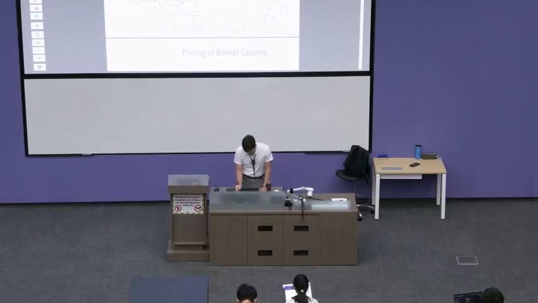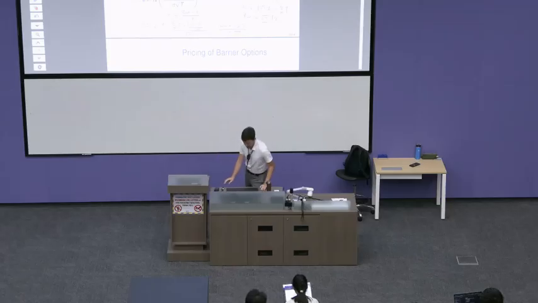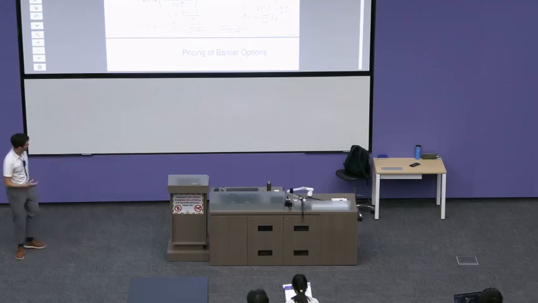I'm switching to z, and now I have an integral over the density of a standard normal distribution. And if I integrate over a standard normal distribution, this means I'm looking at a variable that has a standard normal distribution, which has a CDF, which I can denote by N. So I can just write everything as the CDF of a standard normal distribution and plug in the upper bound of the integral.